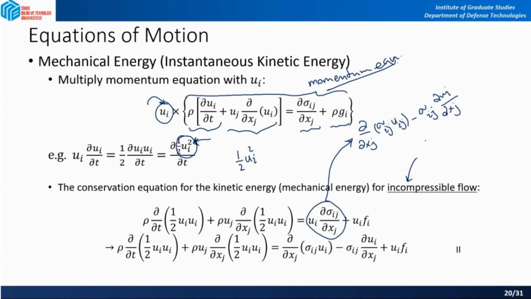So this sigma ij is a second order tensor. This is the velocity gradient tensor. So you have a multiplication of two second order tensors in here. And as we said, this F is the body forces, like what you have as rho gi and so on. So when you expand it, you will come up with the last equation that I've shown in here, equation 2. Now it's enough for the mechanical energy.